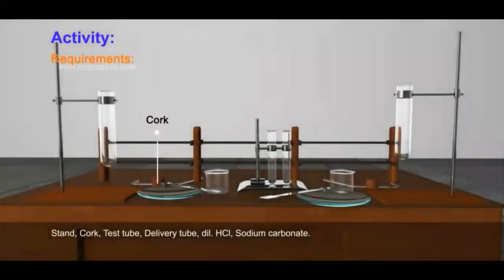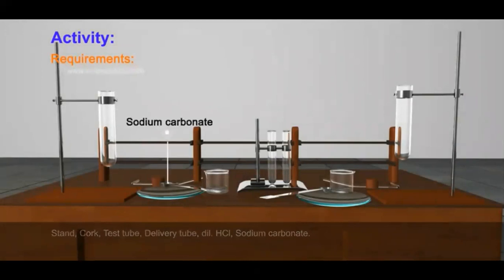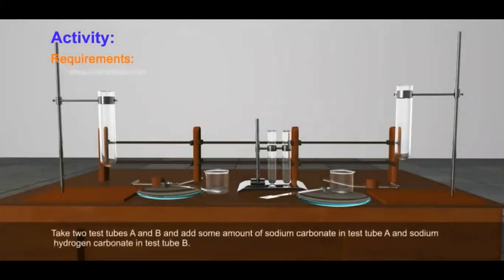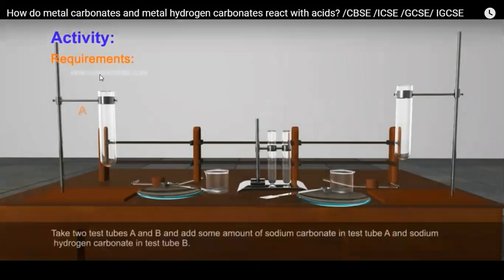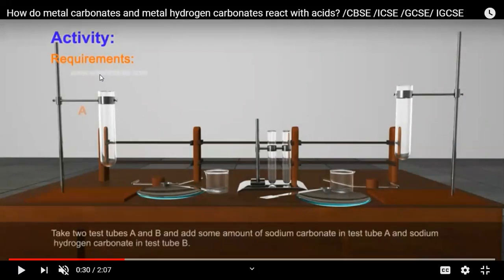I have already told you what things we need for the reaction, so you can go through it. We have even used a delivery tube, which I was not able to explain. The general use of a delivery tube is to collect the gas evolving from a test tube.